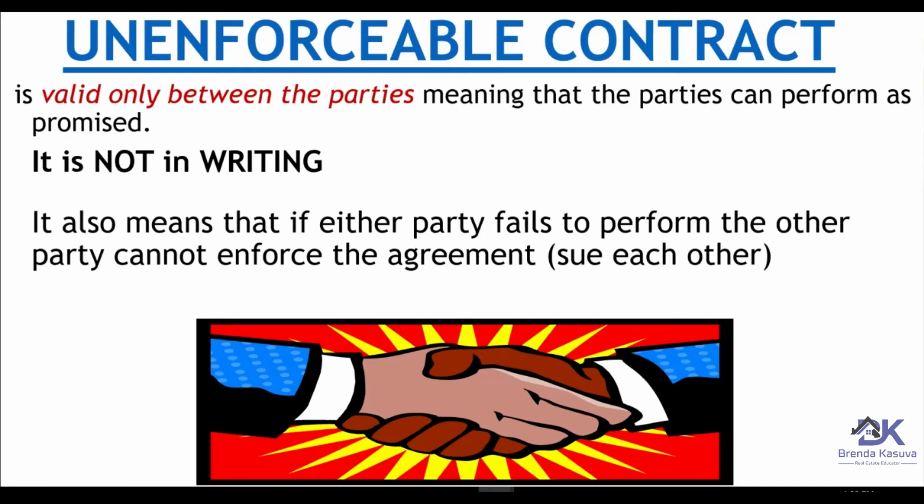There's consideration. You're all over 18. You're all of sound mind. But this is a handshake. So an unenforceable contract is a valid contract, not in writing. Yes, you said it's still a valid contract, the only difference is it's not in writing.